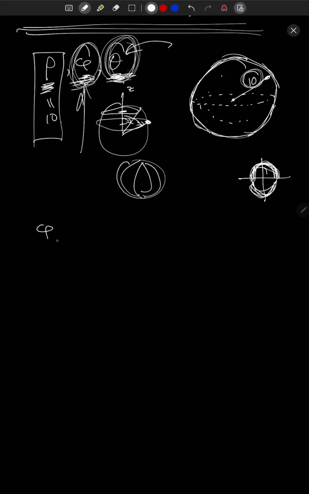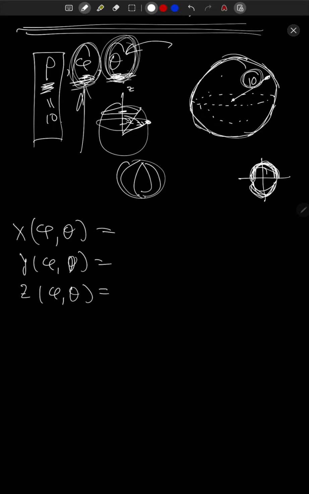My parameterization is going to be this: x of phi, theta equals something, y of phi, theta equals something, and z of phi, theta equals something, in place of my u's and v's.